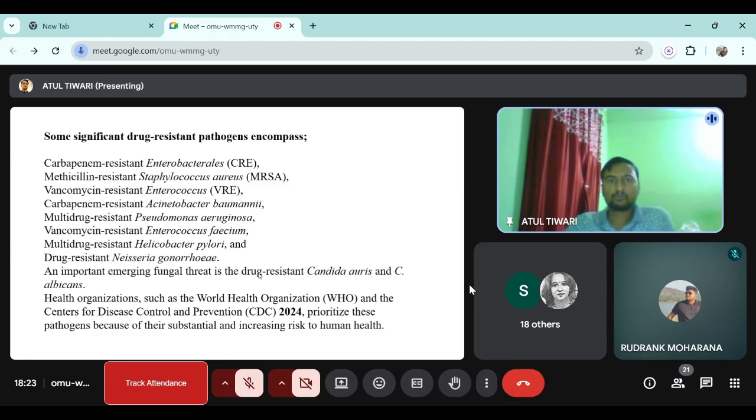Multi-drug resistant Pseudomonas aeruginosa, Enterococcus, Helicobacter pylori, all these microbes are mostly drug resistant, as per data generated by CDC and WHO in 2024. So overall, we can say that our health system and the life of patients is in danger due to the increasing evolution of antimicrobial drug resistant microbes.